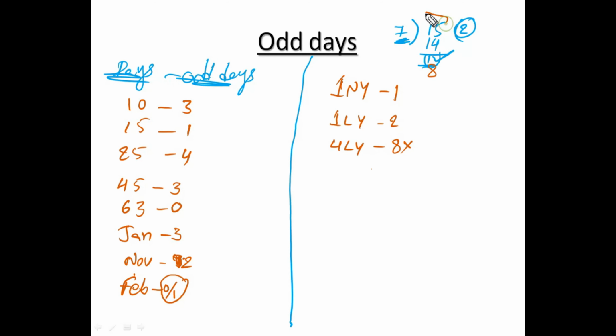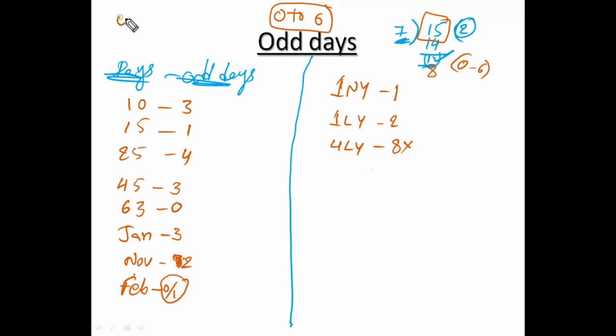Any number when divided by 7, the remainder possibilities are 0 to 6. So that's why the range of odd days is 0 to 6.